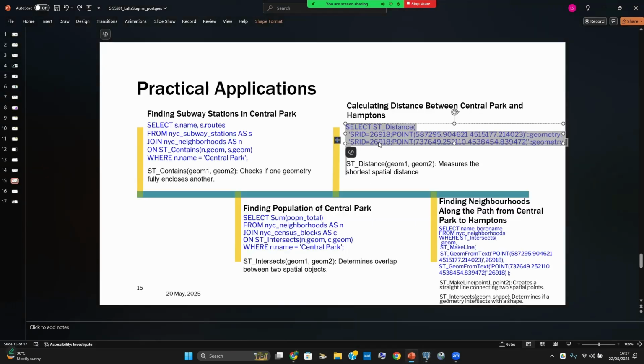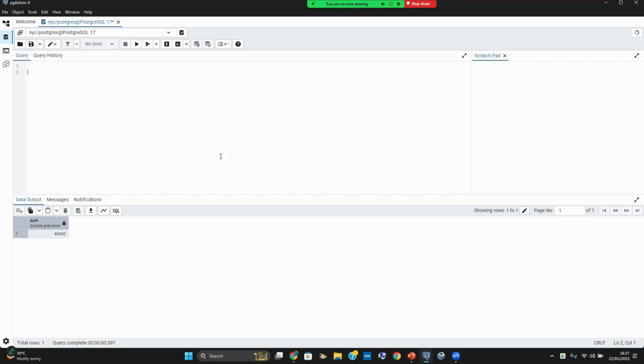So the other point, I believe, is in the Hamptons, which is at the upper end of New York there. So let's say, well, we don't have any route data in terms of the road network, so we wouldn't know where to go. So we can't say that's going to be your driving distance or your train distance or your subway distance.